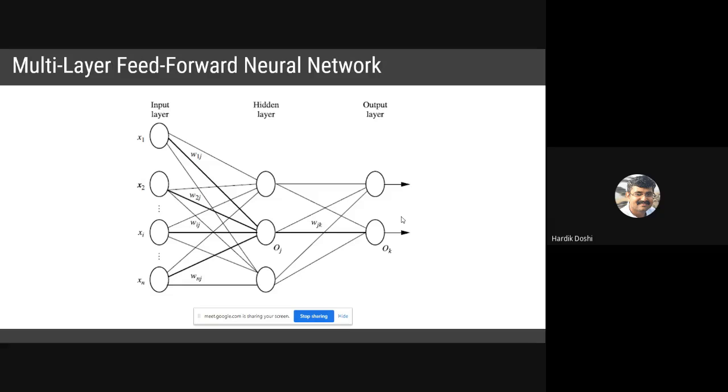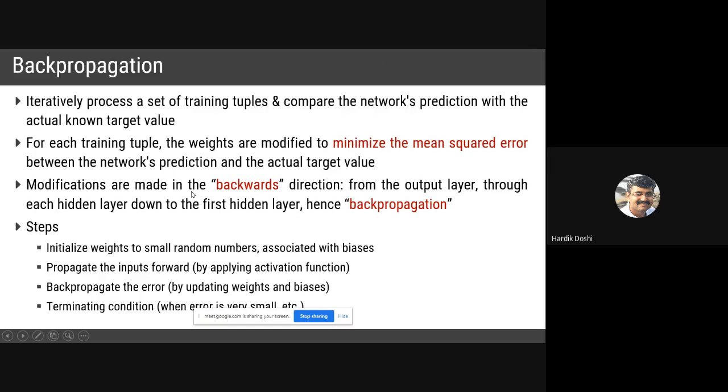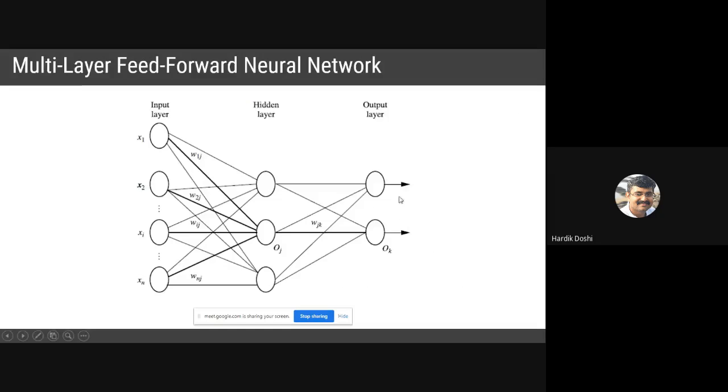Next, modifications are made in the backward direction from the output layer through each hidden layer to the first hidden layer. Hence, it is termed as back propagation. Over here, we got the output, but that output is not our actual output.